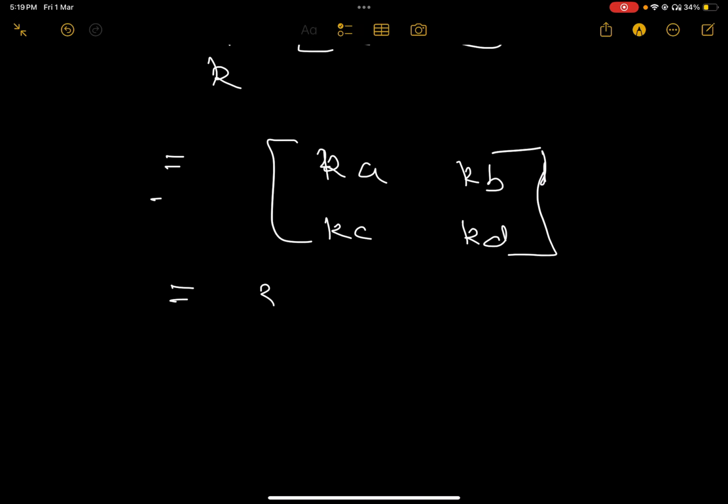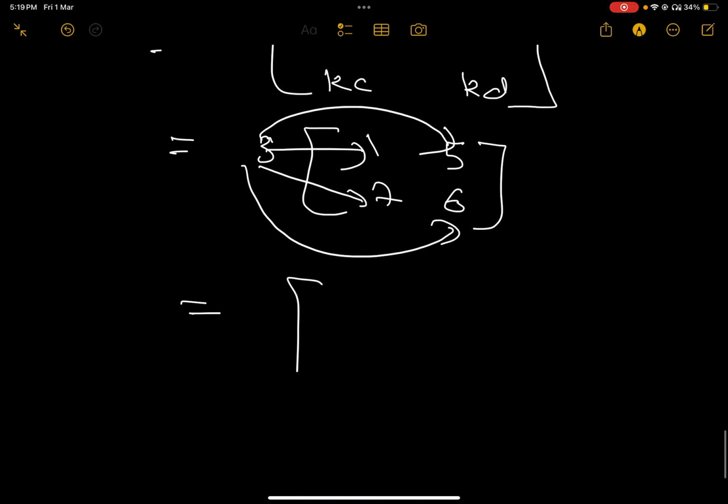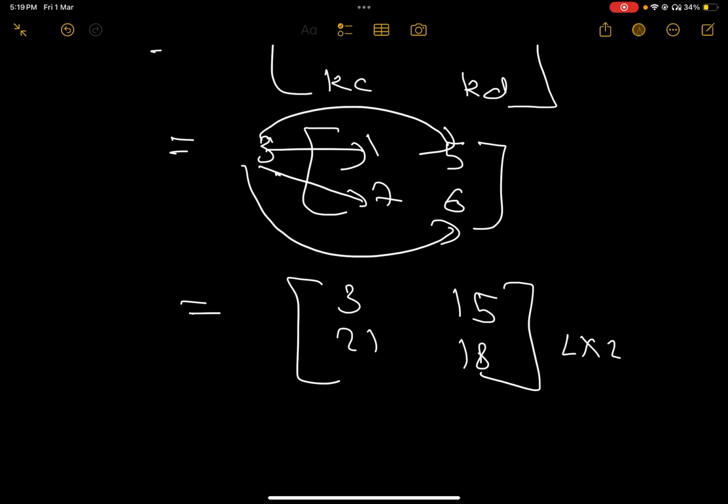Let's take an example. 3 into 1, 5, 7, 6. Then this 3 will be multiplied with each element of the matrix. 3 into 1 is 3, 3 5s are 15, 3 7s are 21, 3 6s are 18. So it is called multiplication of a 2 by 2 matrix by a non-zero number.